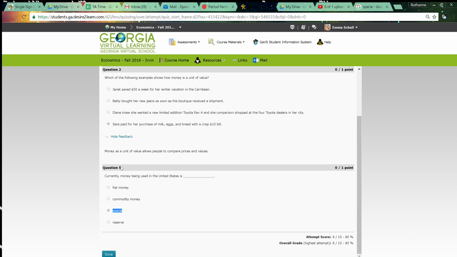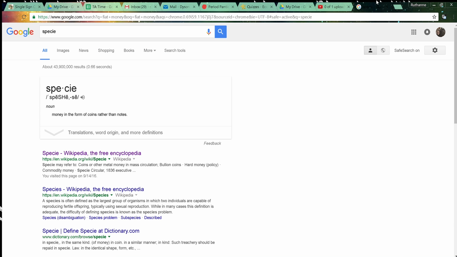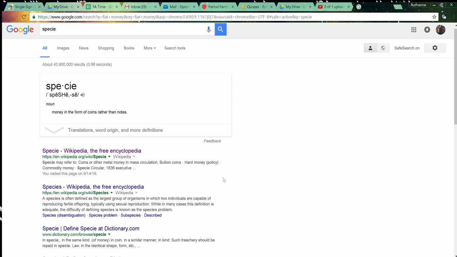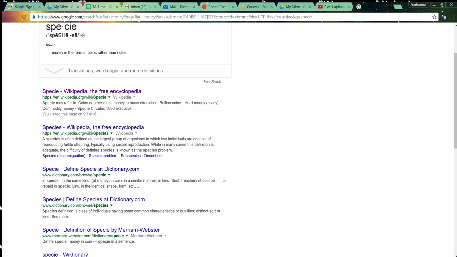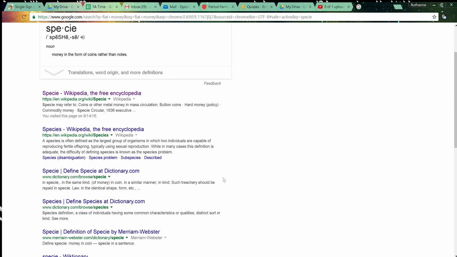I don't agree with it because technically we use fiat money and specie because we do have coins that are hard and made of metal, and then we have... The same kind of money and coin, identical shape.